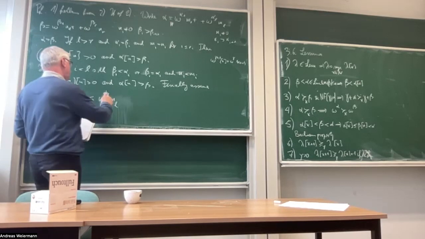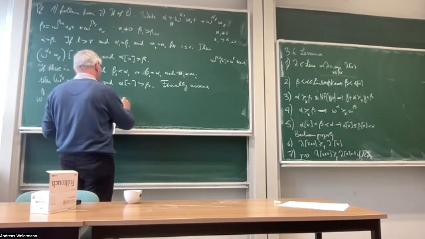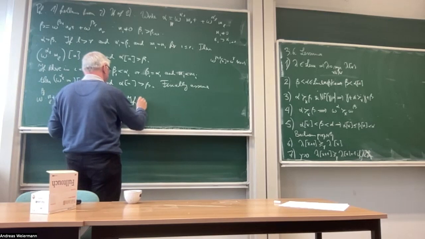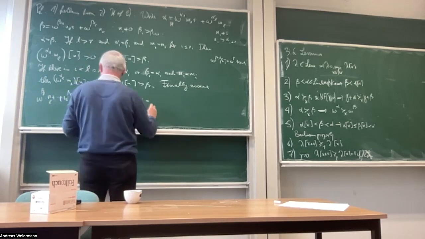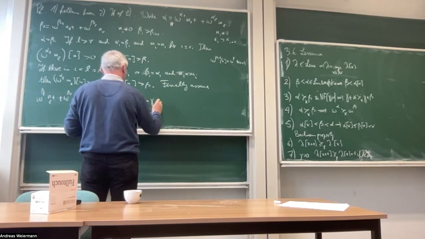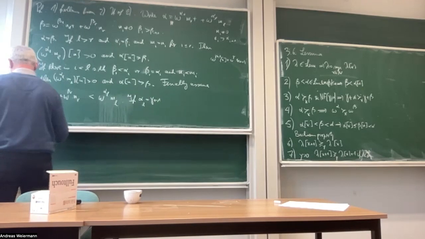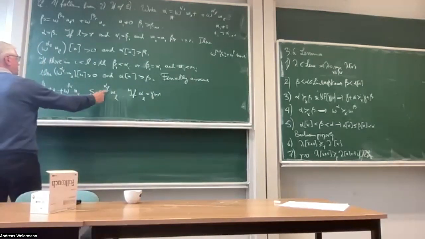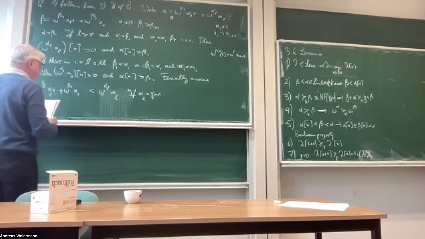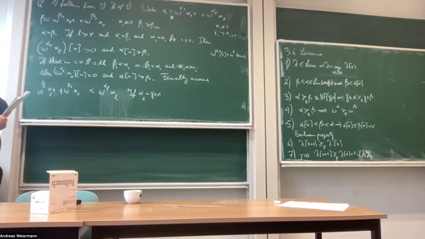Okay, so it could be that alpha L is the successor. So this one is bigger than this one. What did I write over here?